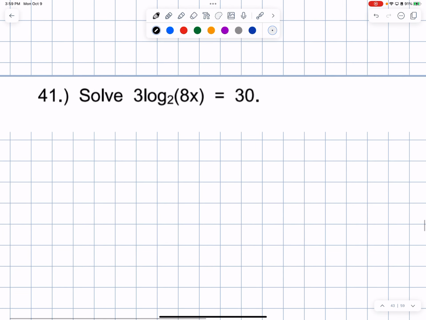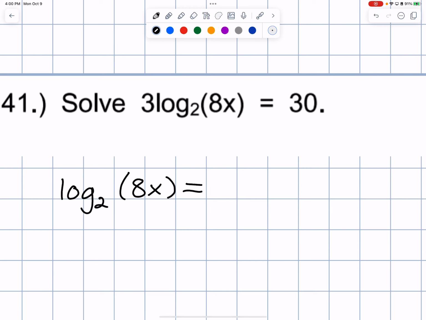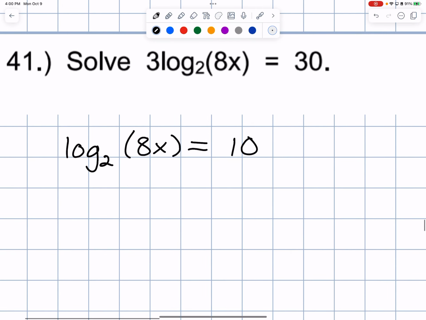Solve this. Well, first thing I'm going to do is divide both sides by 3. You always get rid of the extra stuff first. Log base 2 of 8x equals 10. Now it's just a logarithm. I'm going to rewrite it as an exponential. So the base is 2. The power is 10. 2 to the 10 equals 8x. You can put that in your calculator.